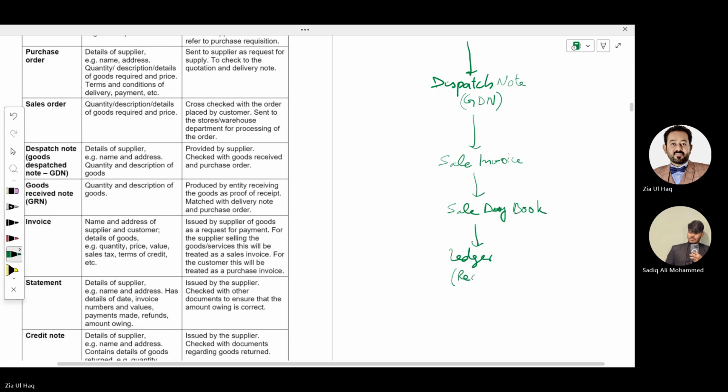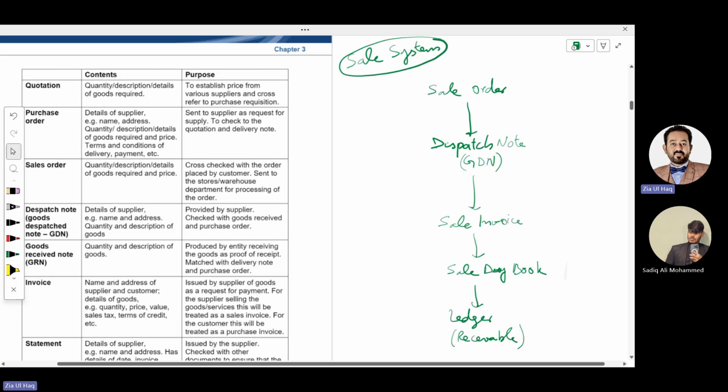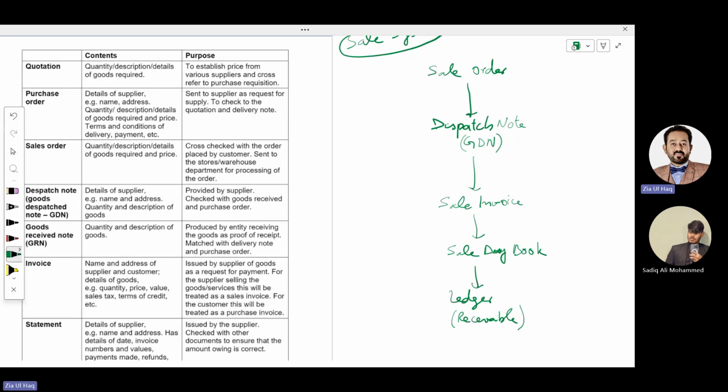Receivable. So after the dispatch note, the company prepares a bill called a sale invoice, which is sent to the customer to request payment. Against the sale invoice, the company records the accounting entry in the sale day book and updates the receivable ledger, meaning the customer ledger.